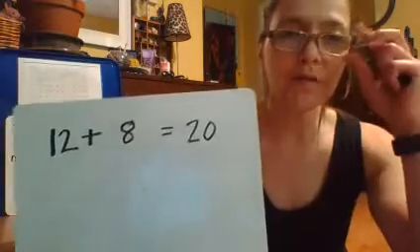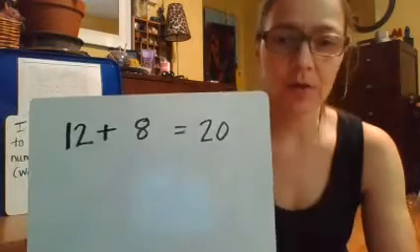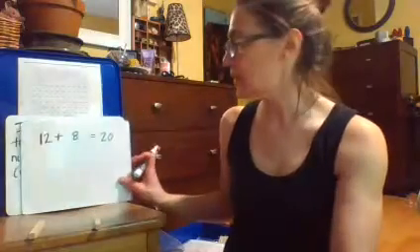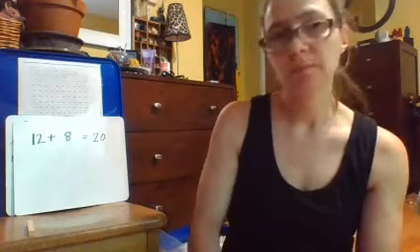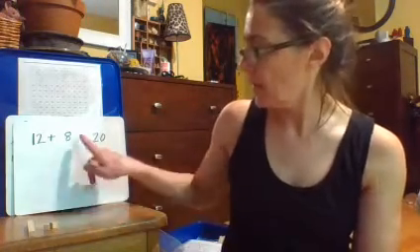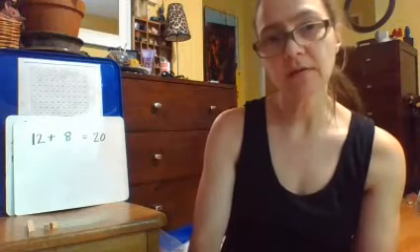So now let's think of some words and then make it a story to go along with this. We can continue with the stickers, or we can think of something else. And our base 10 blocks will look different, right? Because here we have 1 ten and 2 ones. And then here, the second addend, we have 8 ones.